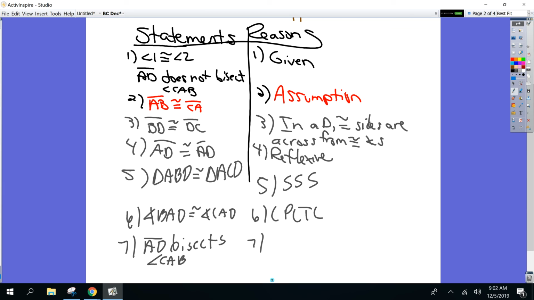Now the question is why does it bisect? Definition of a bisector, not going to fly. You tell me. How do you know it's a bisector? What's up, Michael? That's not bad. I'd probably take that. Say that again. Okay, stop right there. Name those two adjacent angles that are congruent.